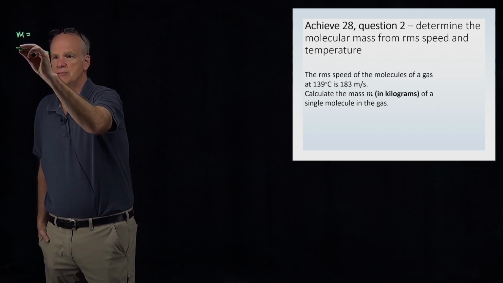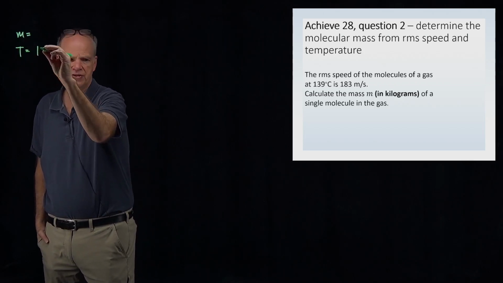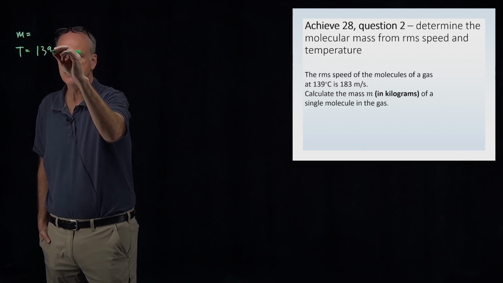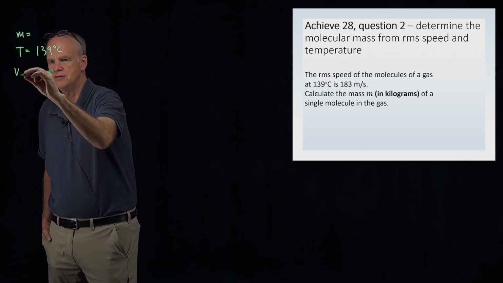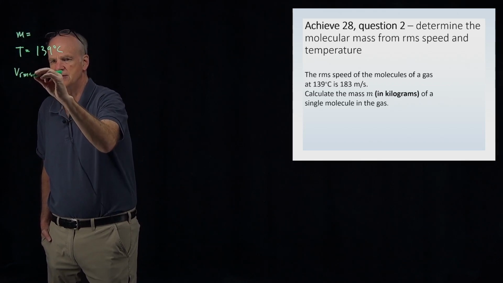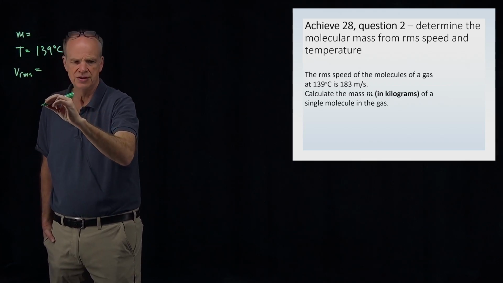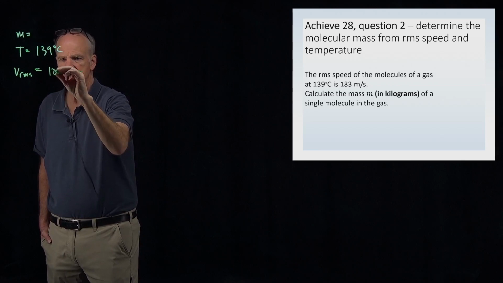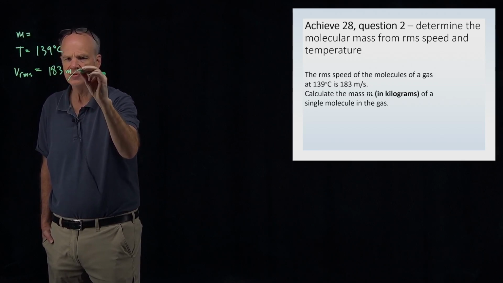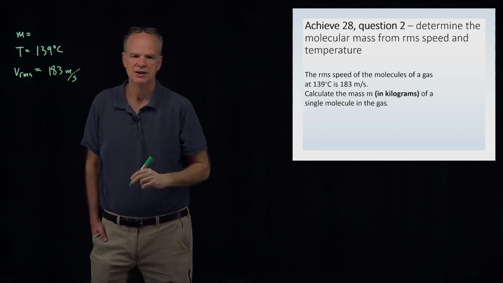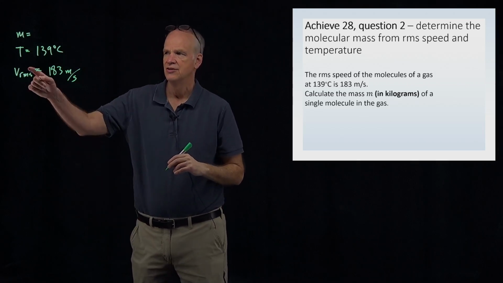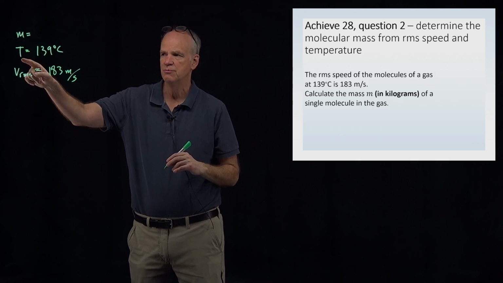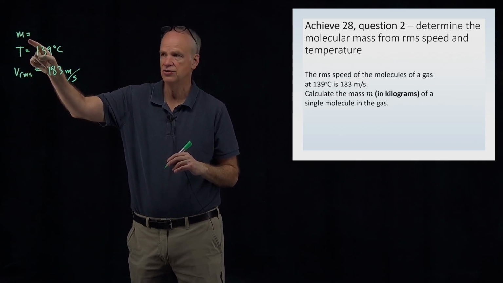We are given a temperature, 139 degrees Celsius, and a speed. The root mean squared speed of the molecules is 183 meters per second.